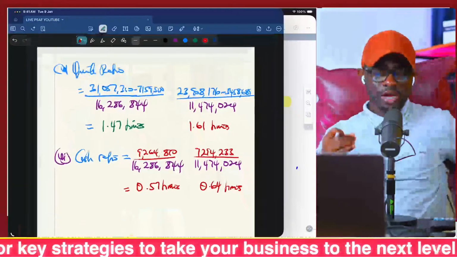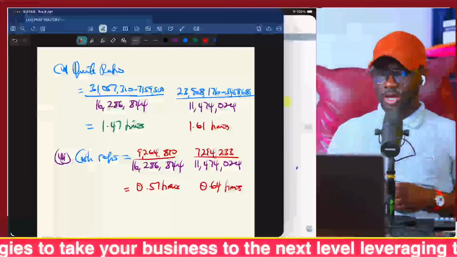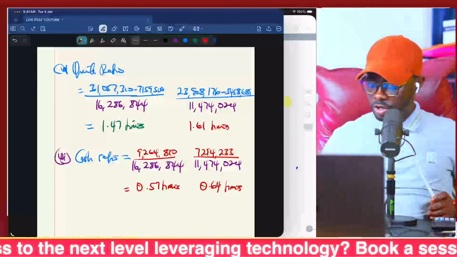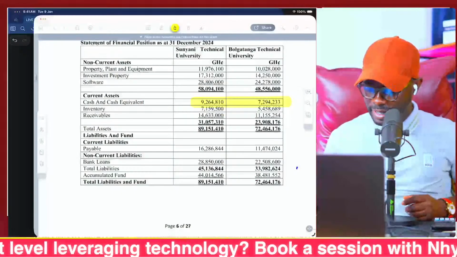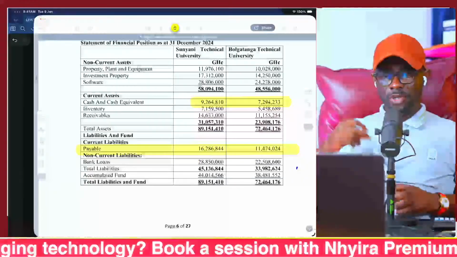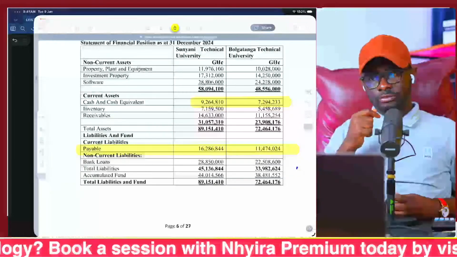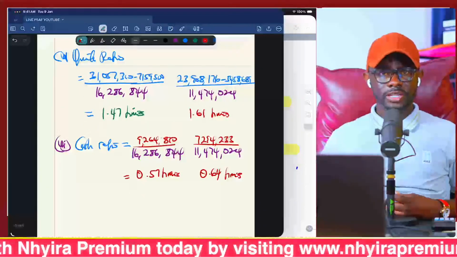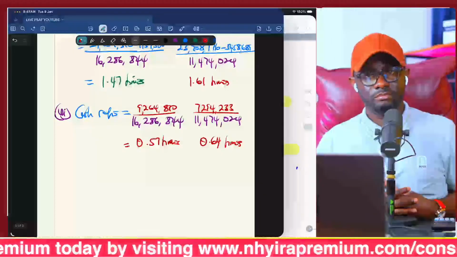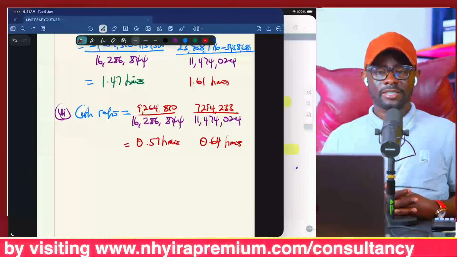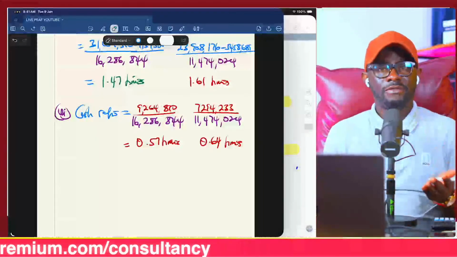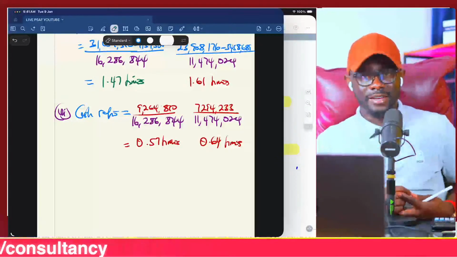So when it comes to cash and cash equivalent available to settle, if tomorrow the creditors come, the suppliers come, because the creditors here are payables, so if those payables become due tomorrow or in a week's time, both entities cannot pay because their cash and cash equivalents are far less than their current liabilities.